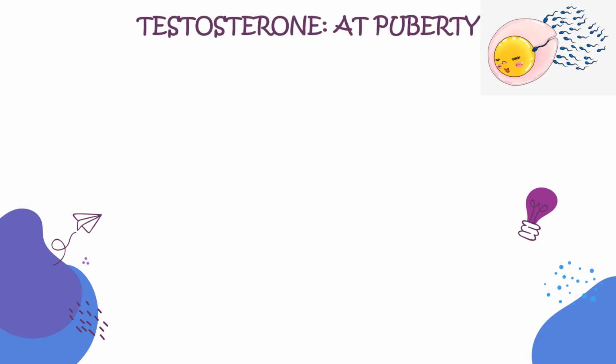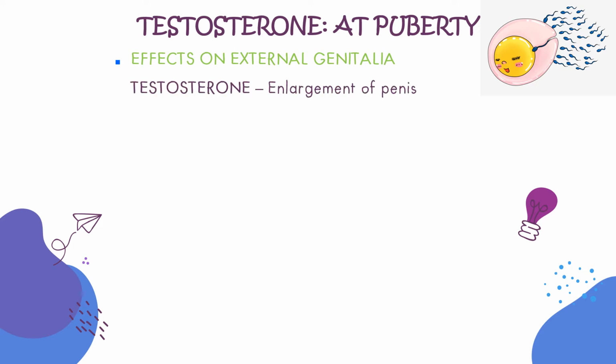Testosterone at puberty: effects on the external genitalia. Testosterone causes the pubertal enlargement of the penis with or without the dihydrotestosterone. Dihydrotestosterone promotes the growth. The scrotum increases in size and it becomes pigmented.